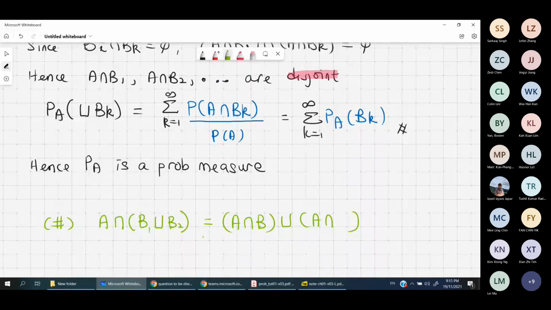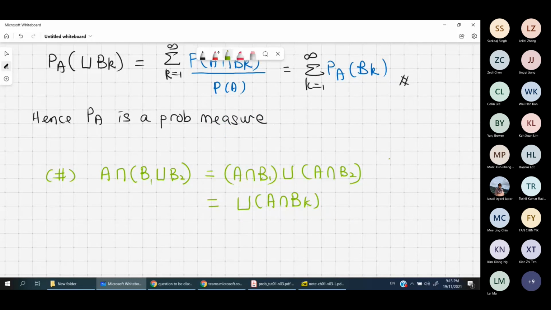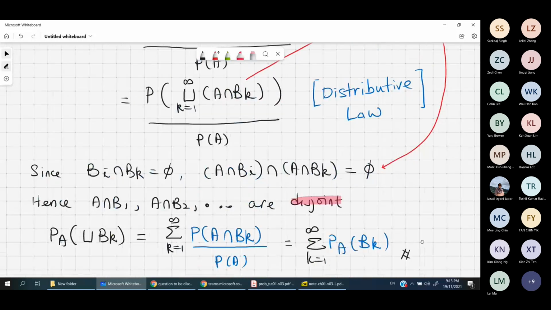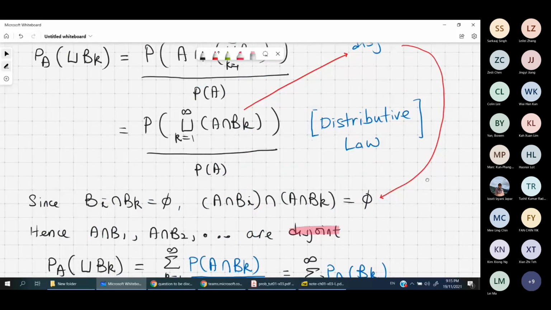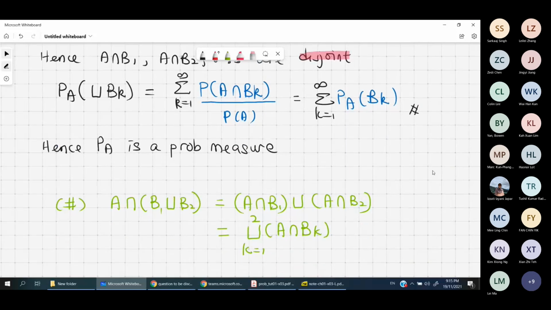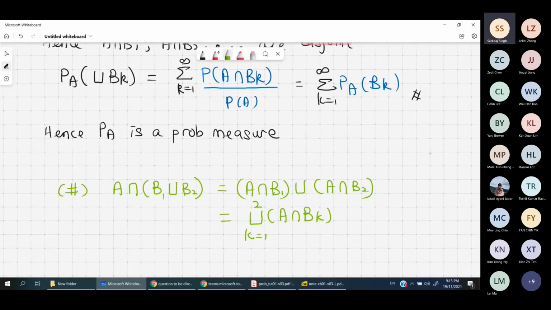So then I have B1 and B2. I think this is what we call distributive law, right? So that's why this thing can be written as the union of A and B_k. But in this example, we have only 2, right? So that's why k equals 1, 2. In fact, even if we go up to B infinity, we will still get the same result.